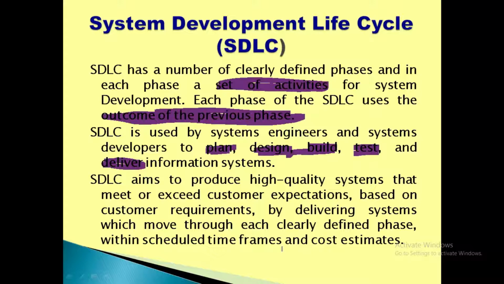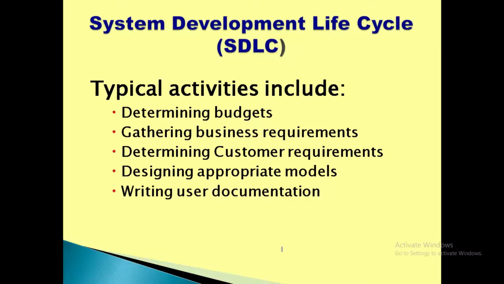And every phase of the cycle defines the clear steps, and the work is scheduled within the given time and under the cost estimates. And the typical activities which are included in the SDLC: determining budgets. Why? Because it is very important to determine the budget in the very early phase of SDLC or development of information systems, so that the company is not going out of the budget.